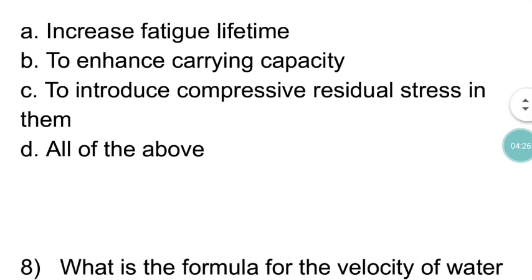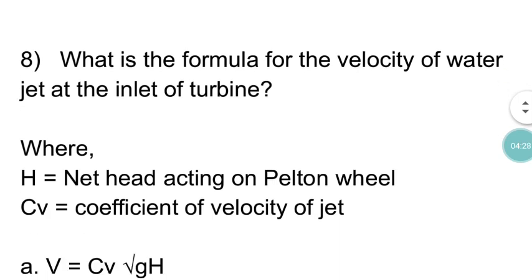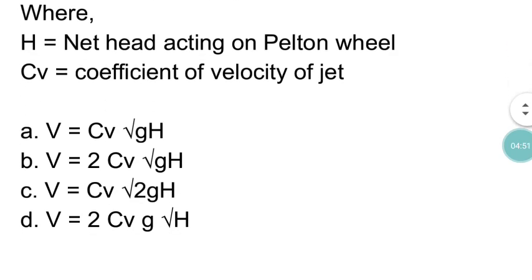Question number 8. They are asking for the formula for the velocity of the water jet at the inlet of a turbine. What is the formula for the velocity of the water jet at the inlet of the turbine? Given that H is the net head acting on the Pelton wheel and Cv is the coefficient of velocity of the jet.